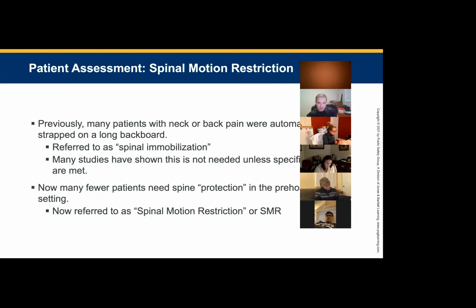So now we're assessing whether these patients actually need to be on a backboard. We have a new term, spinal motion restriction, or SMR. All that's doing is protecting the C-spine. We put a collar on that individual so they're not moving their head, but we allow these patients to maintain a position of comfort.